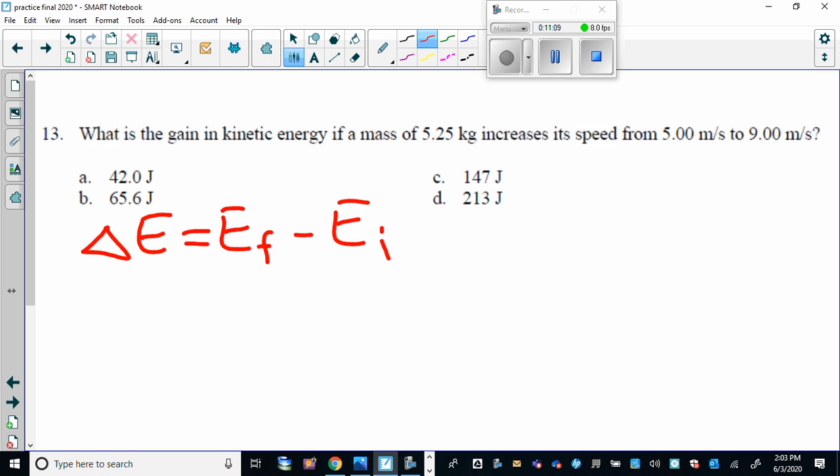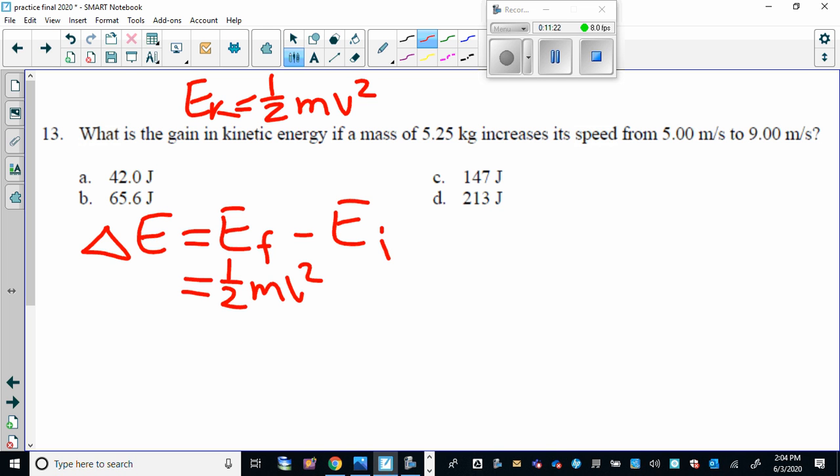And this is a simple kinetic energy question. In other words, EK equals 1/2 mv squared. So find out what the final is, subtract the initial, and you get the change. Okay, and you can just plug the numbers in at this point.